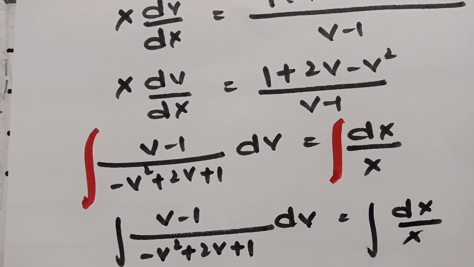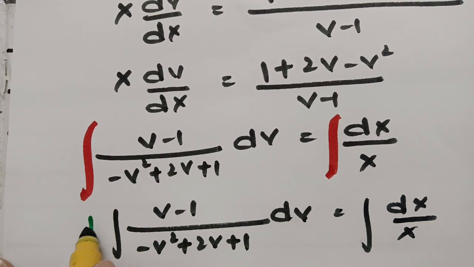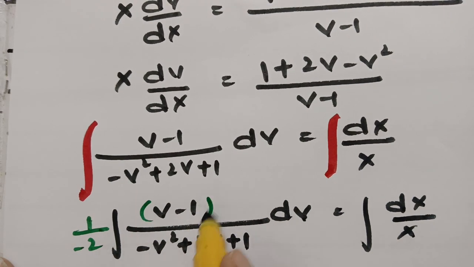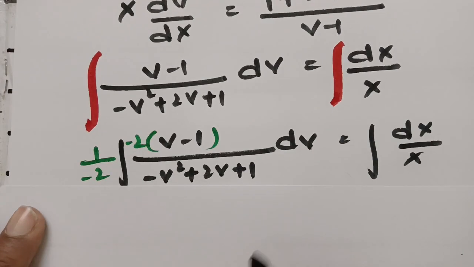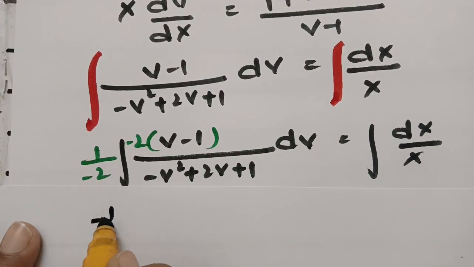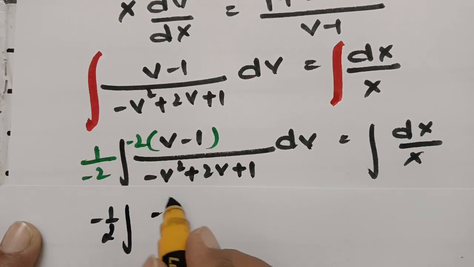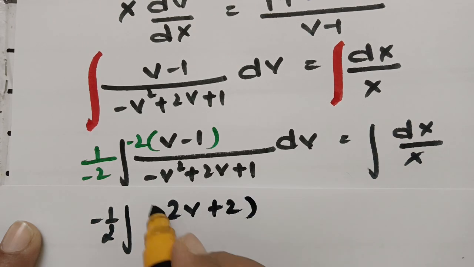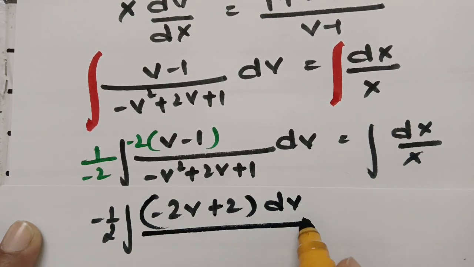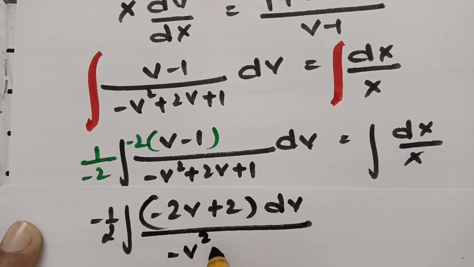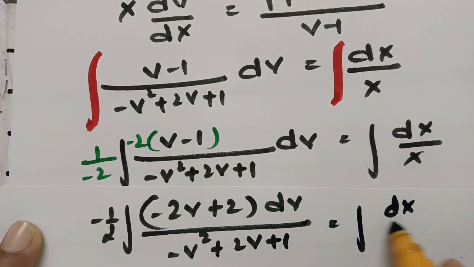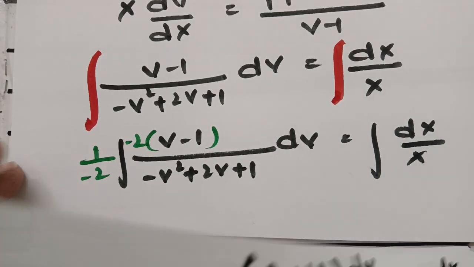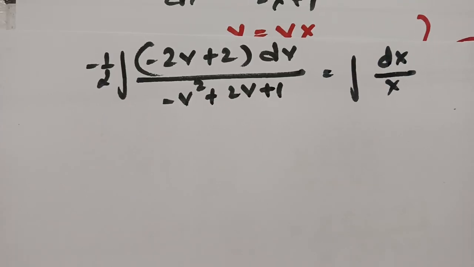I'm going to multiply and divide with minus 2, and this is going to become minus half of minus 2v plus 2 over minus v square plus 2v plus 1 into dv is equal to dx by x.